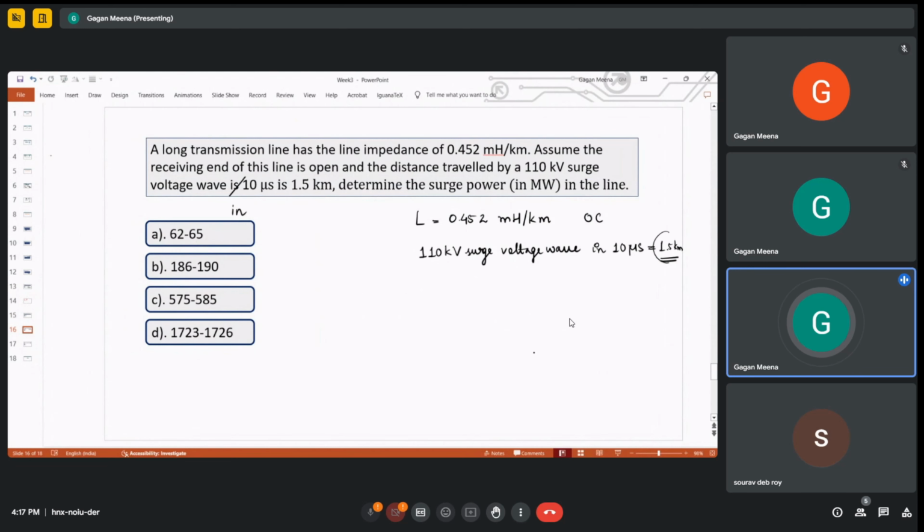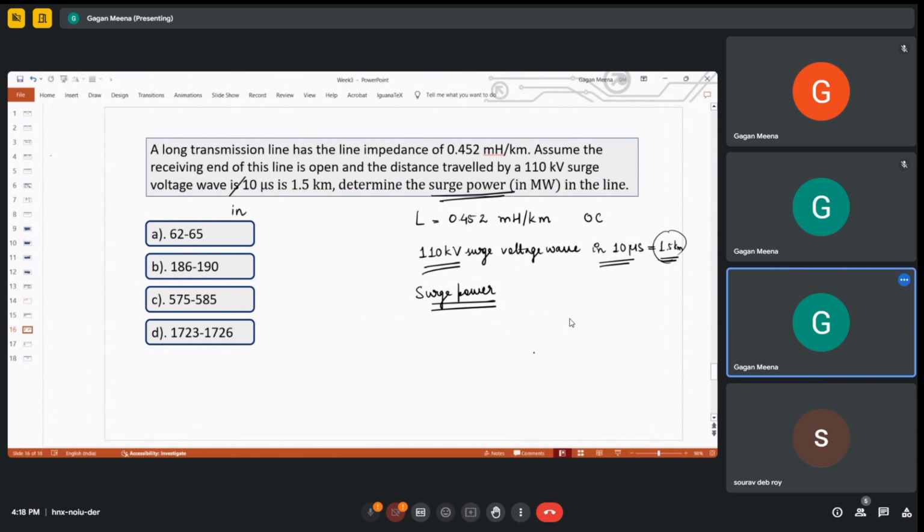So this is the distance traveled in 10 microseconds by 110 kV. We have to determine the surge power in megawatt. So what do we need to find here?